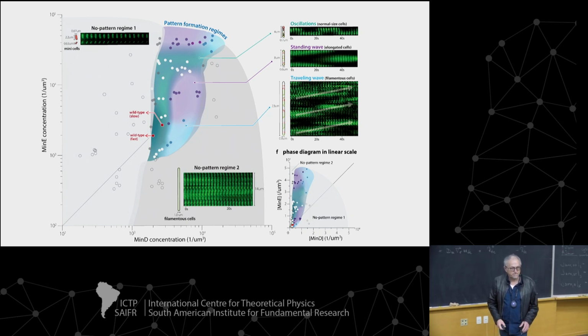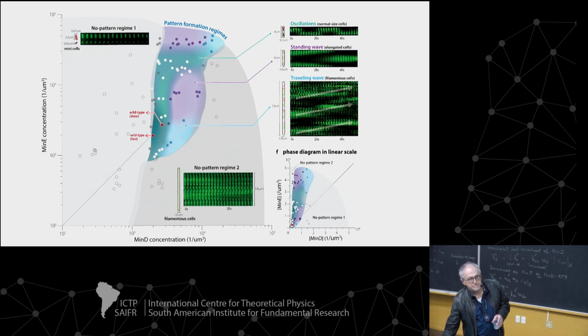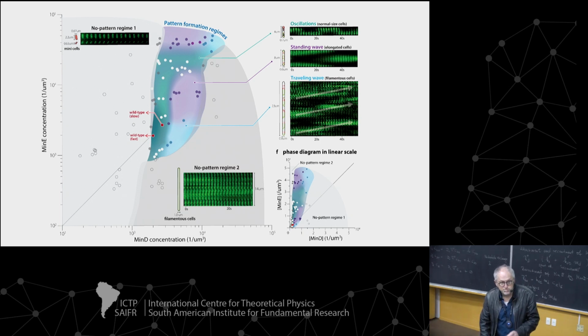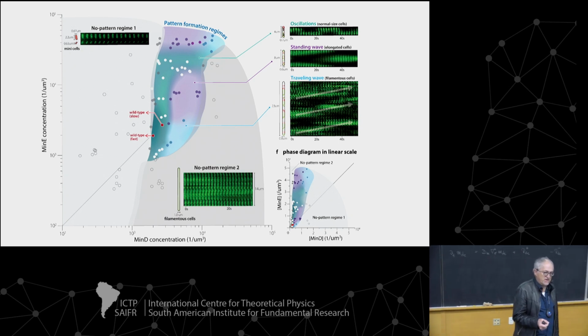Sorry, when you empirically measure the min-E concentration and the min-D concentration, do you do that in the end? You grind the cell and measure it, or is it something that you're controlling in the experiment? No, you control in the sense that you change the expression levels. Okay.